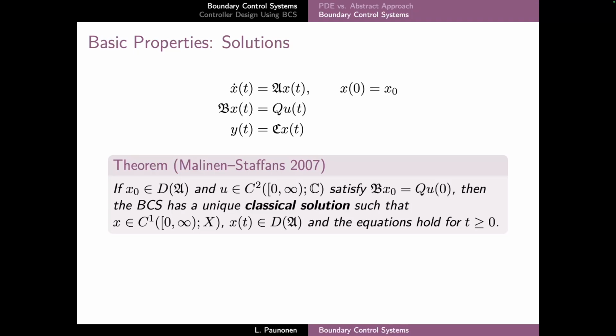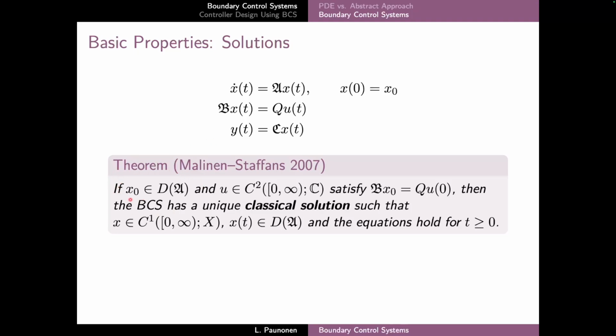The first thing we might be interested in: does our equation have solutions, and under what conditions? Our first result is that the equation has a very large class of classical solutions.